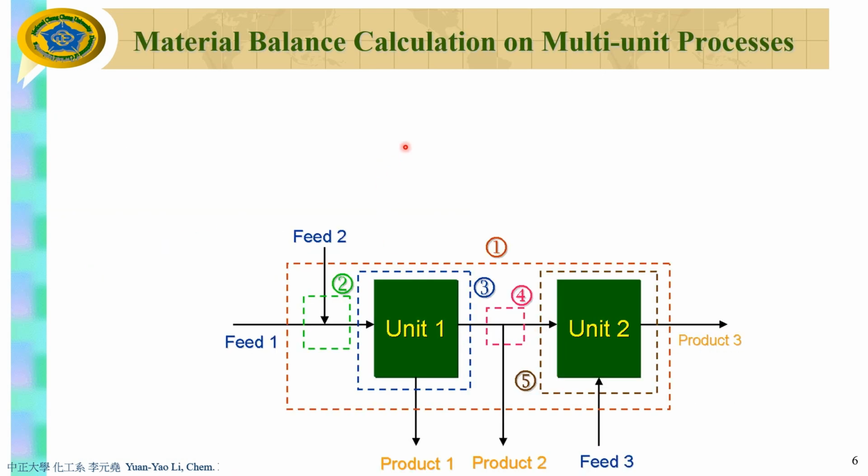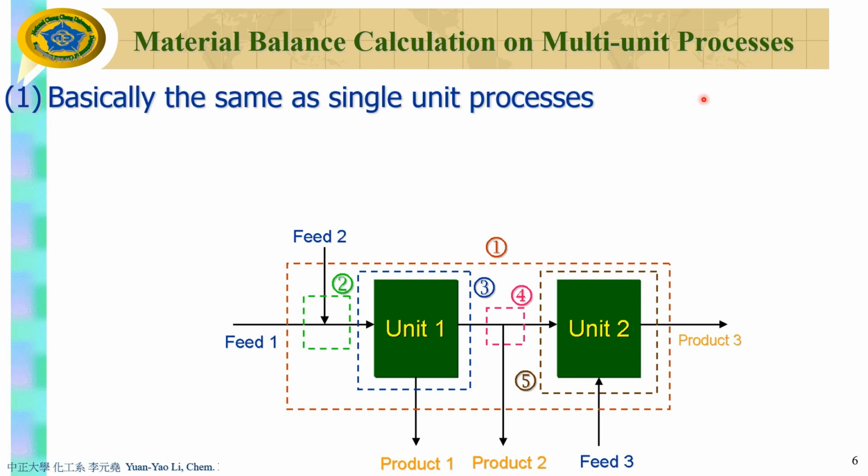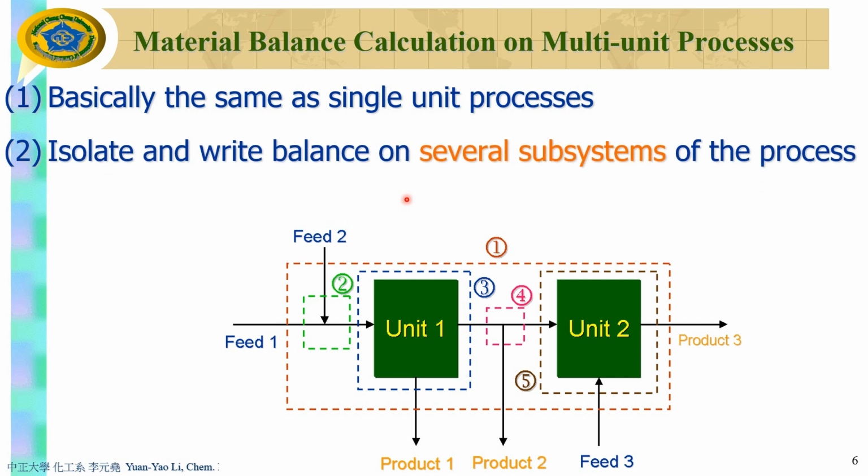Right. So material balance calculation on a multiple unit process. Let's say that it is basically the same as the single unit process. It's very easy, simple. Input equals output, DOF, and then 4 directions to find the equations. Remember?